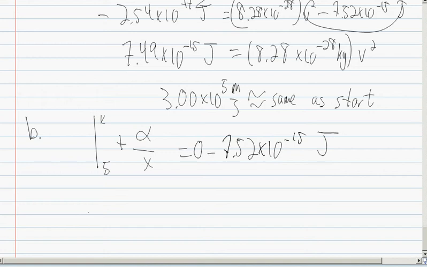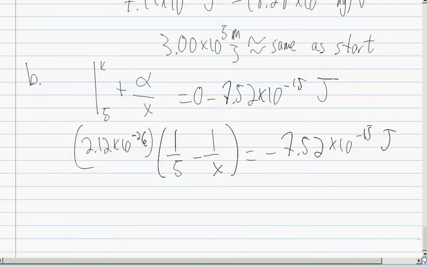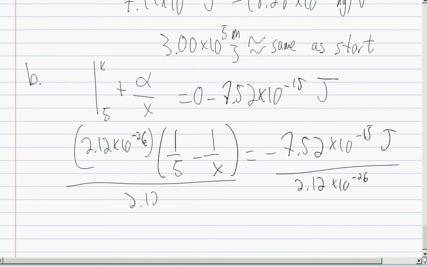So we're going to have 2.12 times 10 to the negative 26 times 1 over 5 minus 1 over x equals negative 7.52 times 10 to the negative 15 joules. Well, we're going to divide those by 2.12 times 10 to the negative 26. We should get some ginormous number over here.